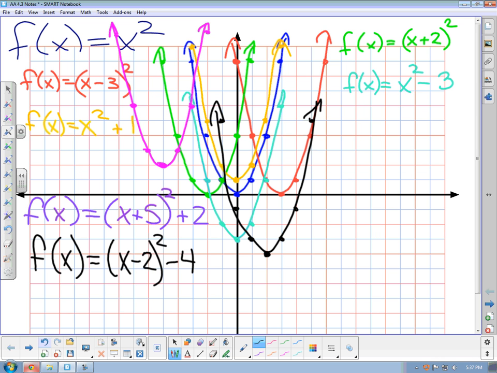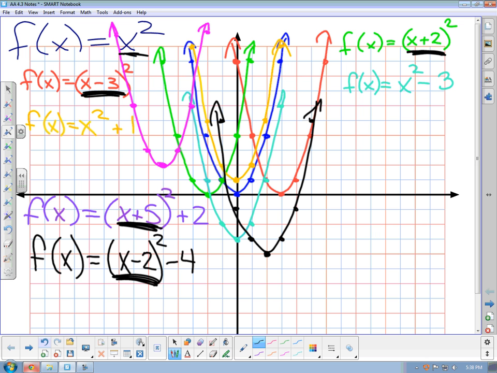And so now I hope you can see that with this function, when you have something inside the parentheses that is impacting the x value, look at the red one, and where is it compared to the blue? To the right 3 places. Look at the purple one.